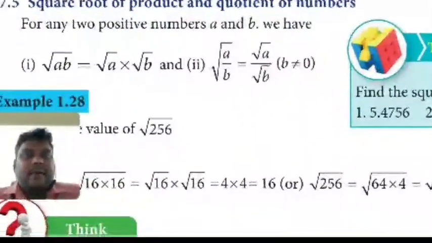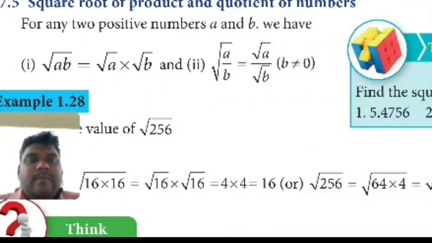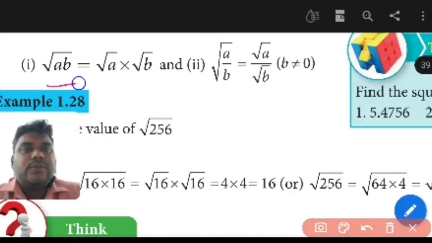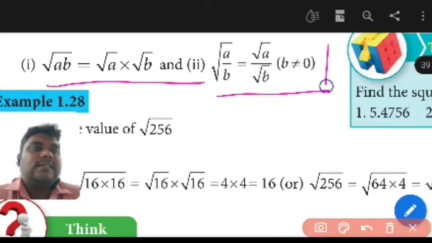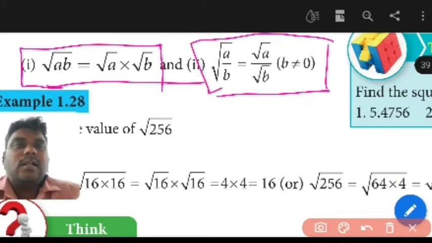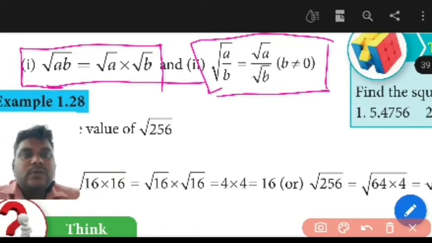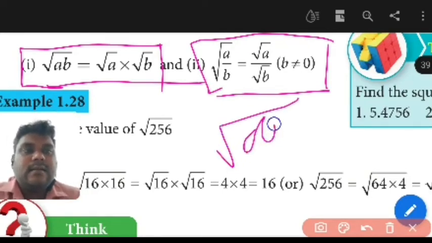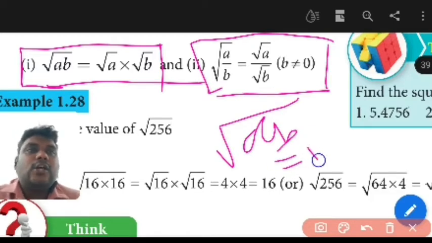So next, important results. These results are very important, and may be asked in 1 mark also. Root of a into b can be written as root a into root b.